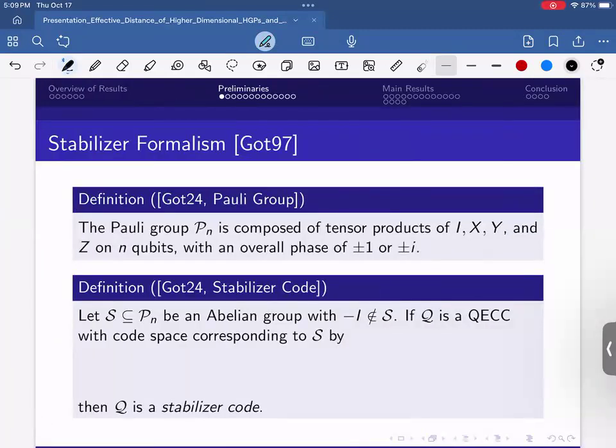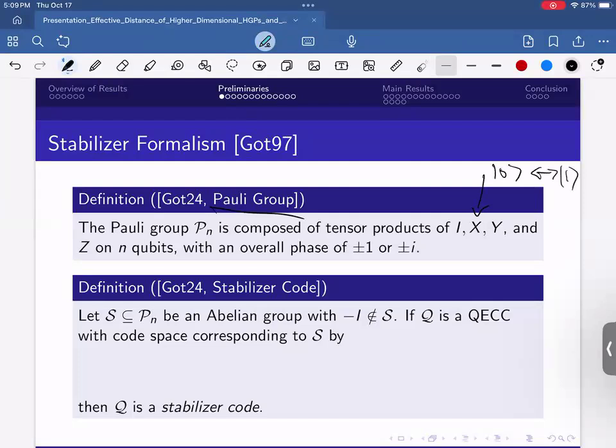So let's just go through some preliminaries. Feel free to stop me at any point if it's unclear what they mean. Before we begin, we need to briefly introduce the Pauli group. It's just tensor products of I, X, Y, and Z. For those who are more familiar with the classical literature, X would just be the equivalent of a bit flip, 0 to 1.